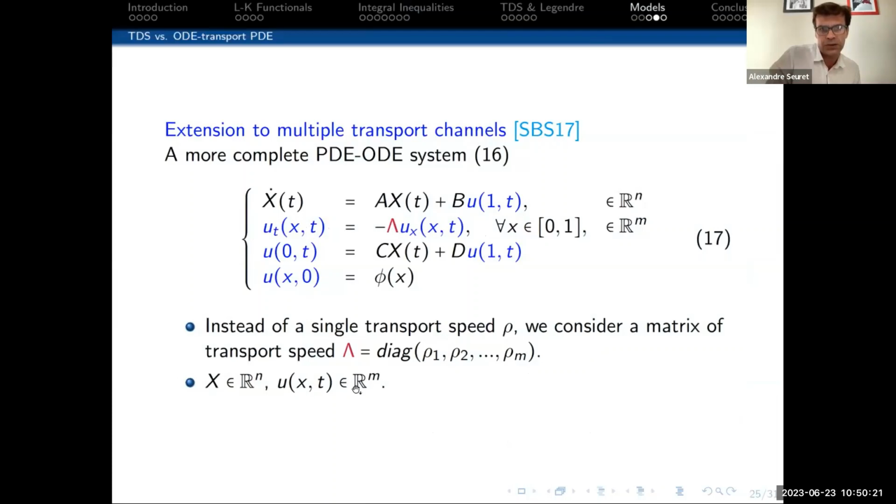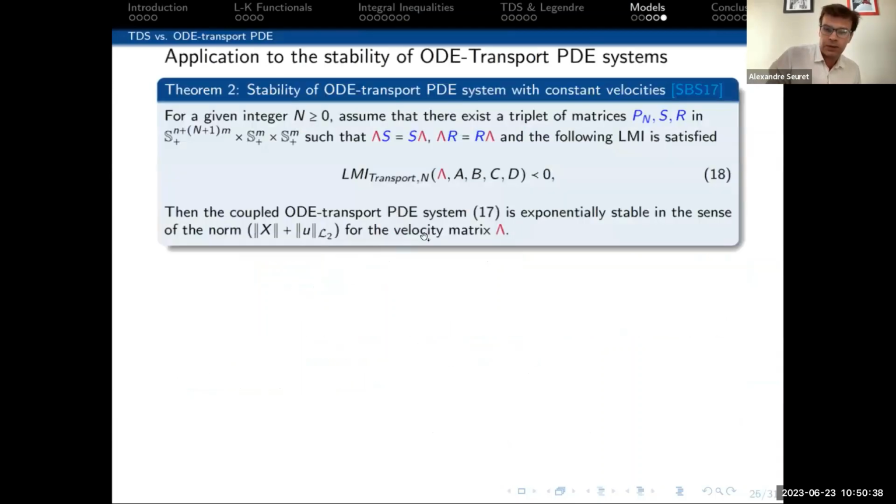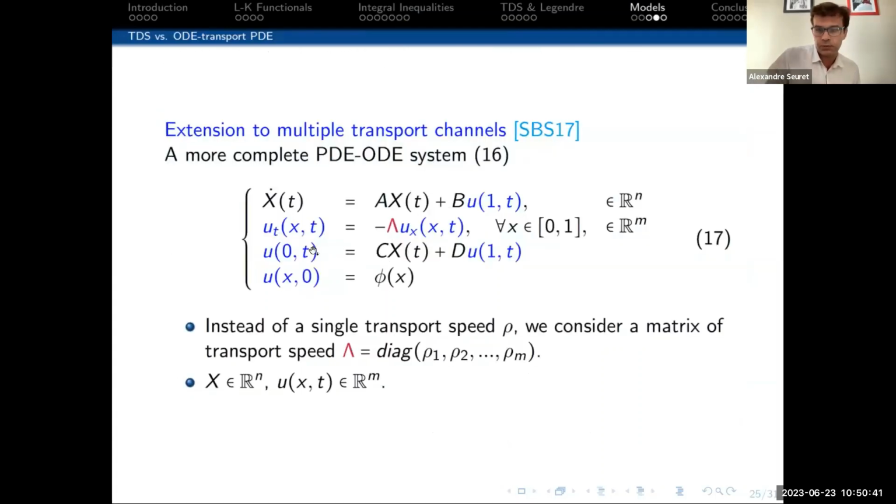So U belongs to this. It is a vector of dimension m, and it affects the dynamics of the ODE, and the ODE feeds back to the transport equation.